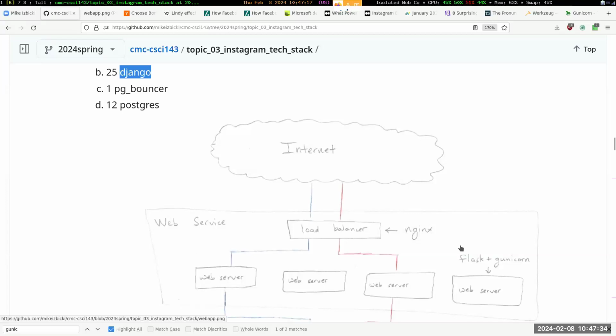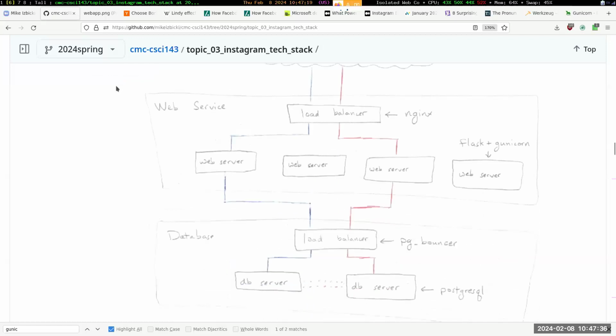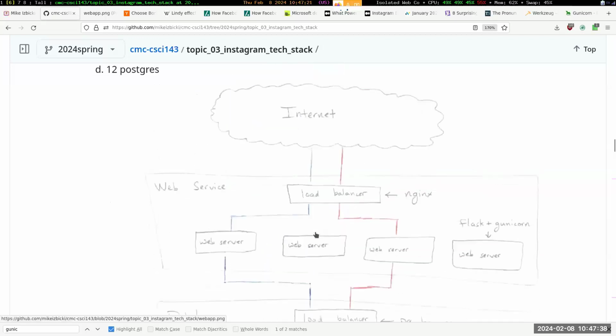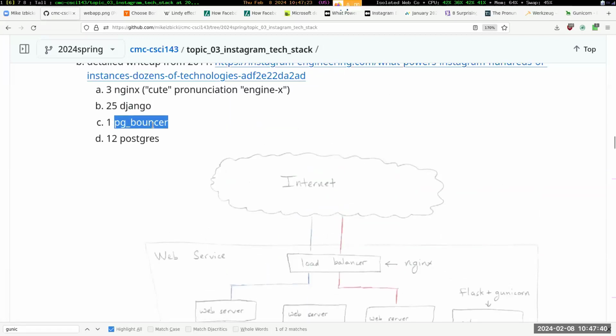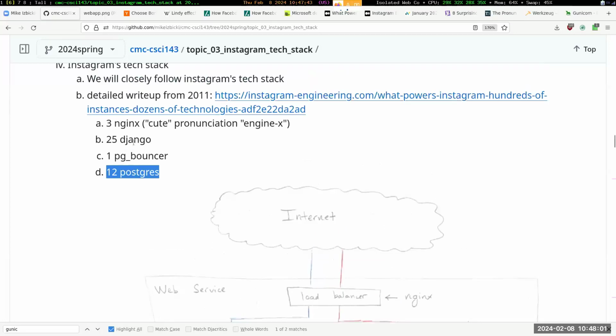And then down here in their database level, 1 of these PgBouncer instances and 12 different Postgres databases actually serving the data. These are generally the most expensive services to run, the largest compute, largest hardware, and these web services, everything else, usually fairly cheap to run. It's usually bottlenecked by your database.